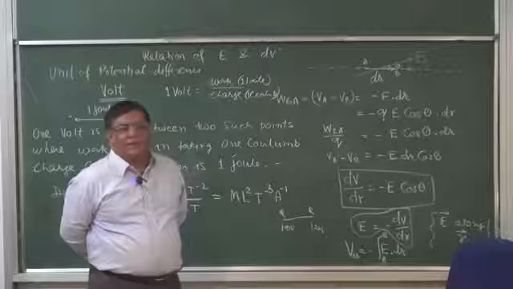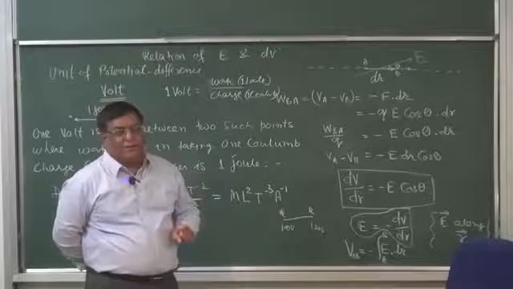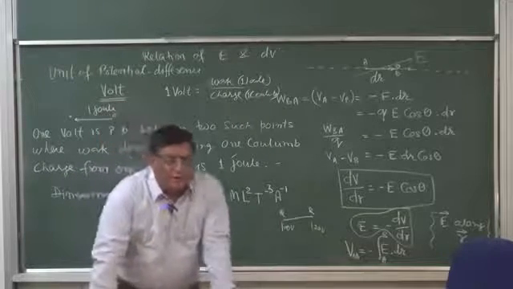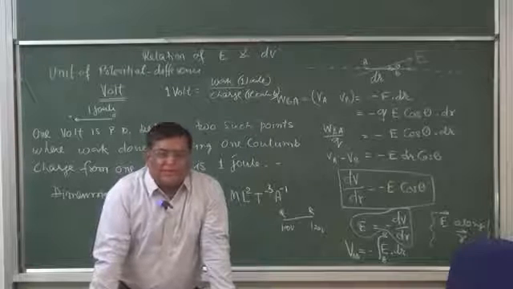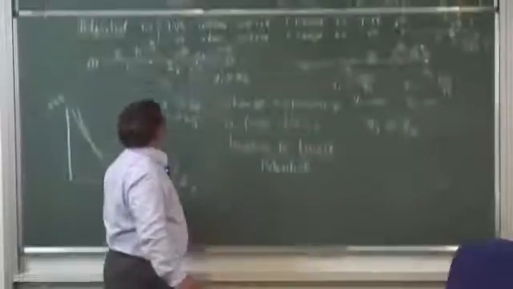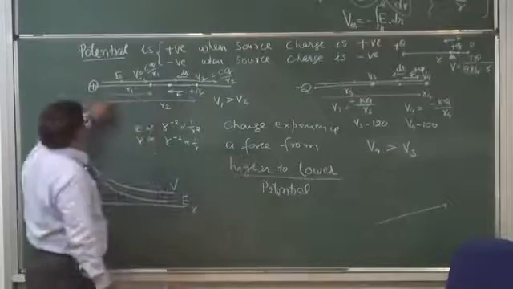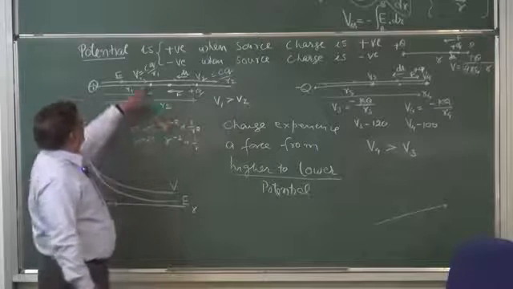I will explain it by two methods, mathematically and logically. Logically, along the electric field, what happens to potential? Does it increase or decrease? Here V1 is larger than V2.